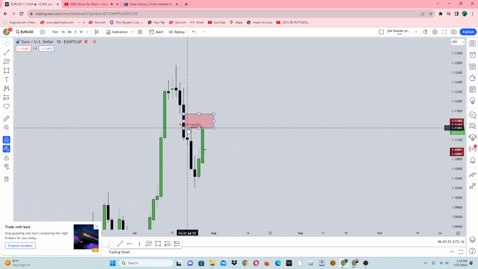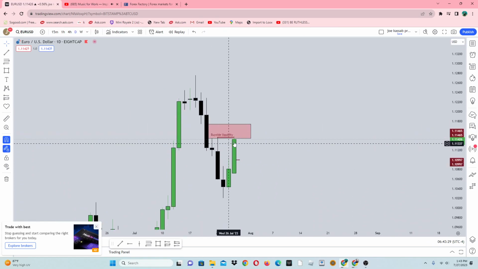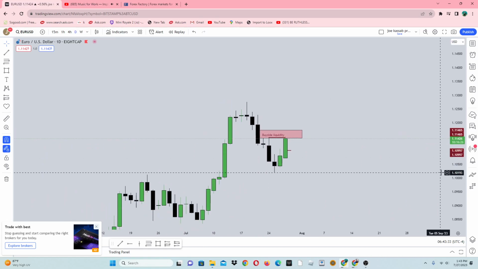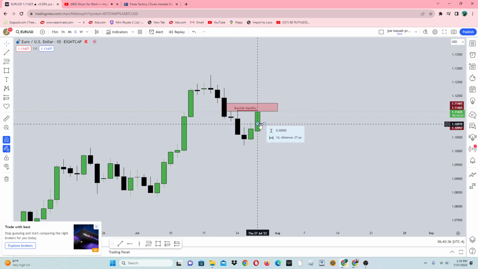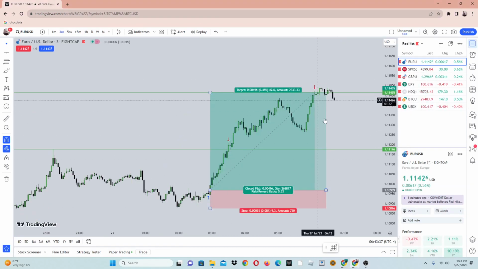As you can see, this is the fair value gap. We have this hourly high right here, swing point, target if we are bullish. So this is the trade.